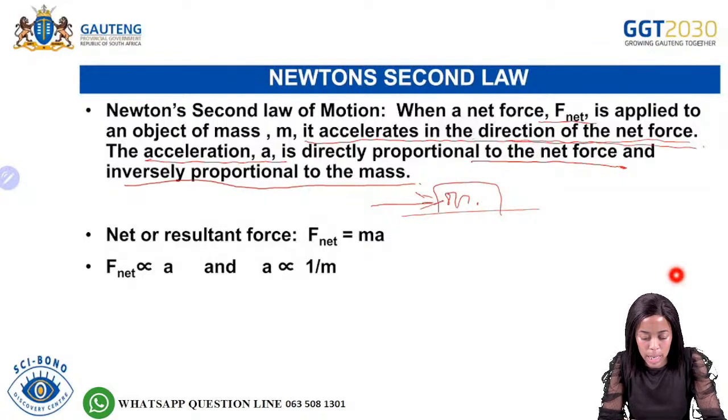If you do that, you will not be getting your full marks according to the examination guidelines. So when you define Newton's second law, you need to define it all the way to what? To mass, so that you can get your full 2 marks. Then it says the net or the resultant force, which is F net, is equal to ma. So this formula defines Newton's second law.